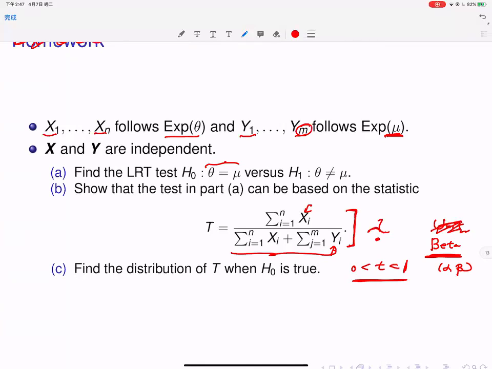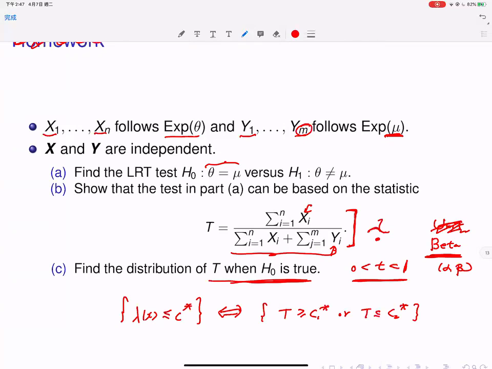Okay, so if you have that t, and your lambda is some function of t, then again that eventually is still finding the equivalent region. I think right here I'm going to reject if t is bigger than C1 star or t is smaller than C2 star.